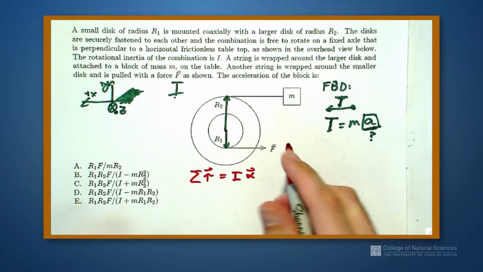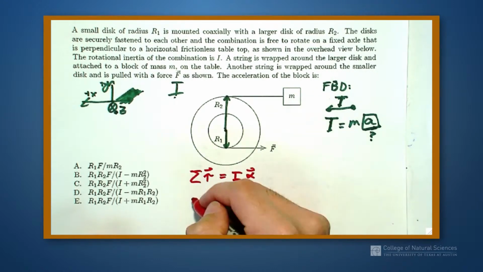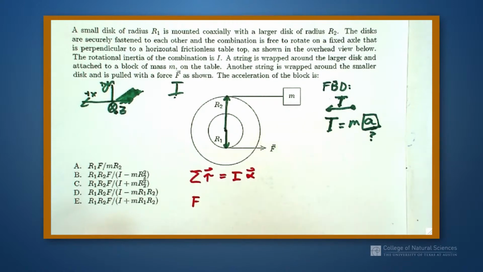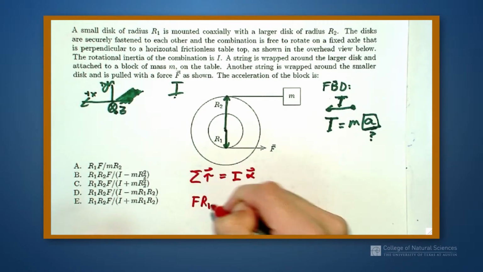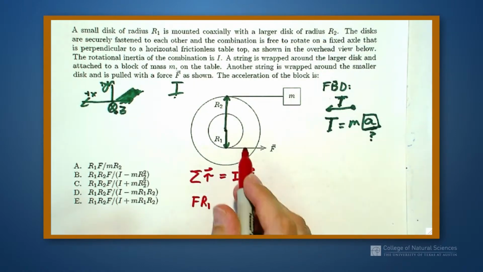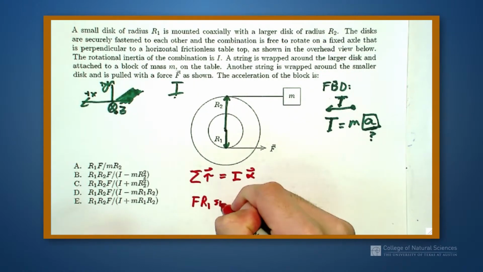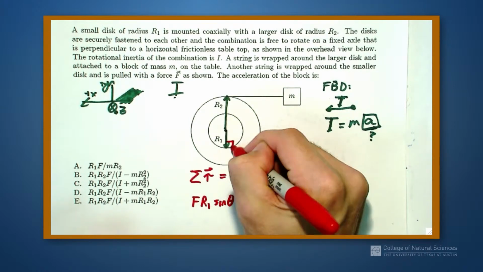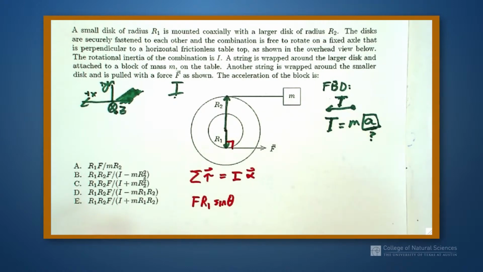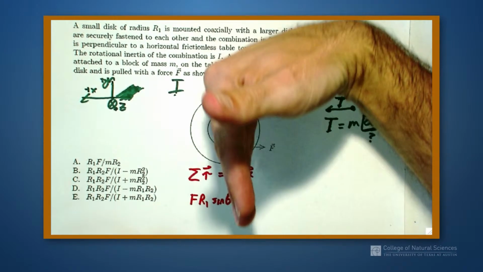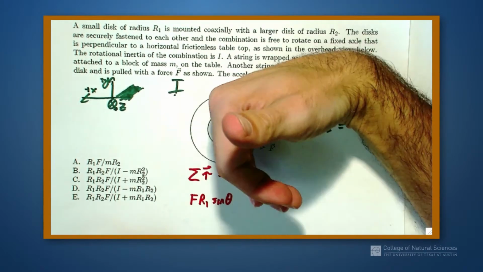Well, I know that I have a torque from this F right here. It's R1 times F times the sine of the angle between them, which happens to be 90 degrees, and that gives me my first torque. And I want to know what direction it points in.